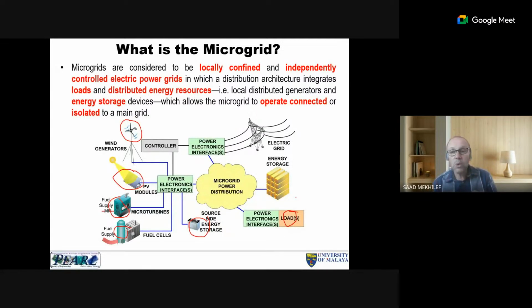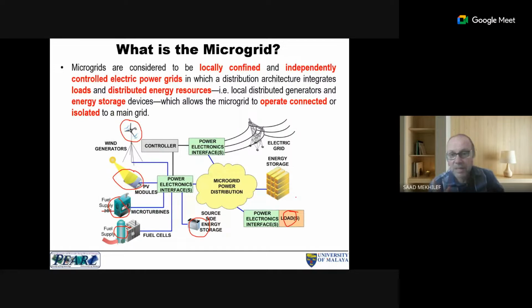And also we look into what we call the renewable energy factor. Renewable energy factor means, for example, I generate 100 kilowatt hour of electricity. How much of that electricity is generated from renewables?